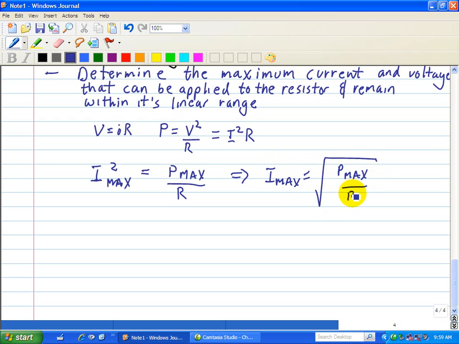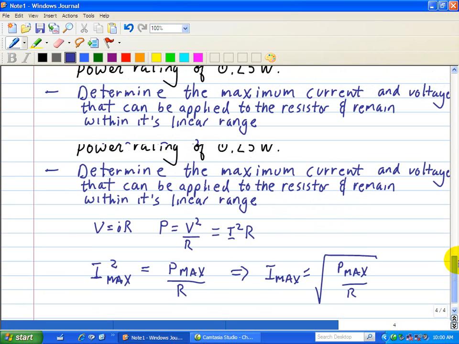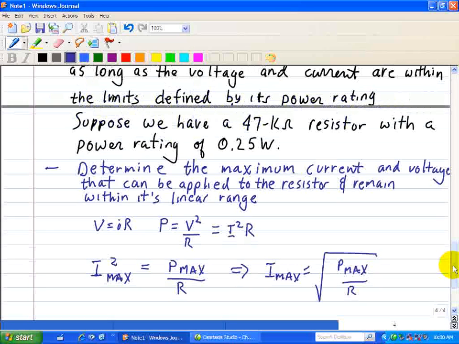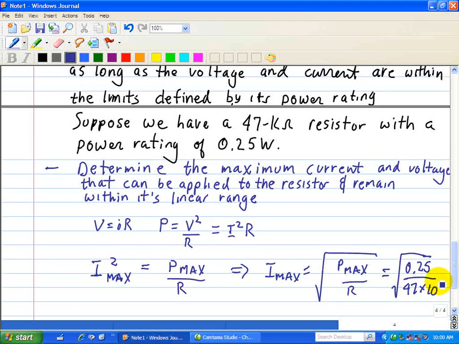Now all we have to do now is substitute, and we recall that P max from here is 0.25 and the resistance is 47 kilo ohms. So what we'll do is substitute, which is just the square root of 0.25 watts divided by 47 kilo ohms, which is 47 times 10 to the third power.